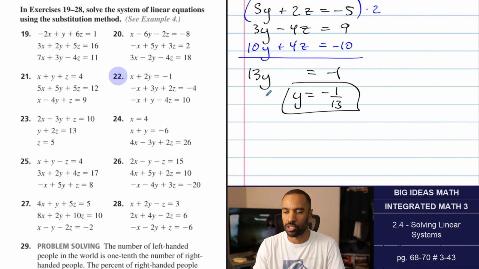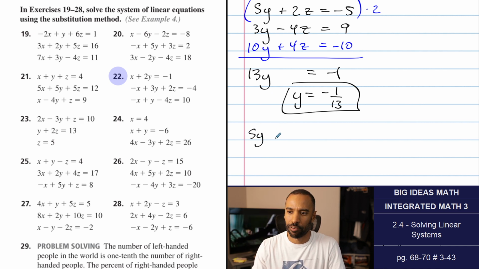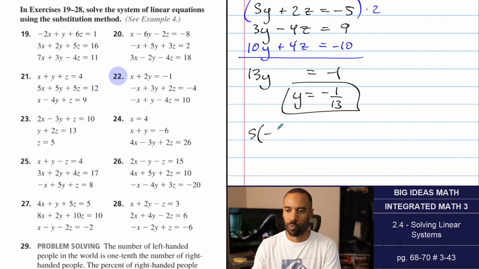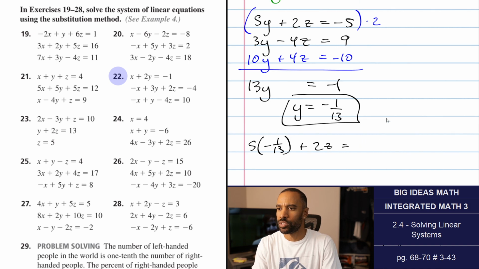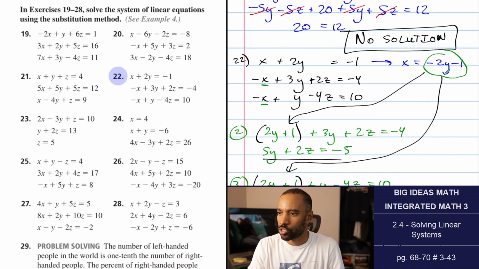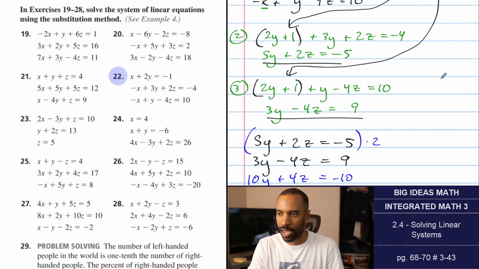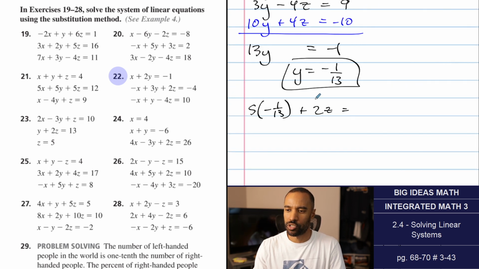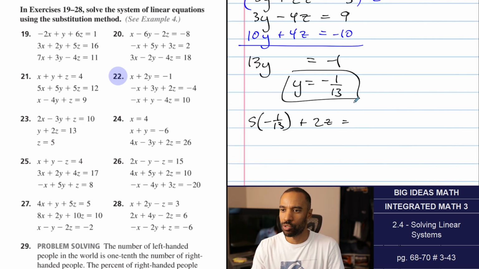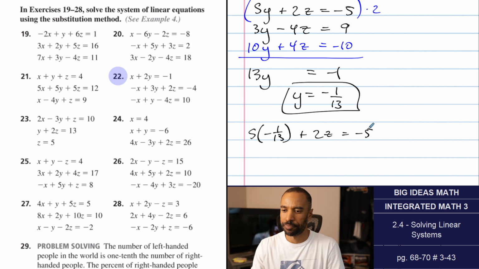Let's maybe take that top equation again. We get 5y plus 2z equals... I can also solve for x using the same y up there, okay? So anyway, I'm going to solve for z here. 5y plus 2z equals negative 5.